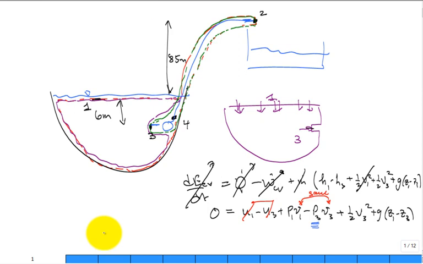So you can rewrite this as P3 is equal to P1 plus g times Z1 minus Z3 divided by the specific volume, which is constant, plus, I'm trying to do this all in one step. Put the P3 over on this side, then you have the P1, you divide through, so that's a plus. So it's 1/2 V3 squared, there.